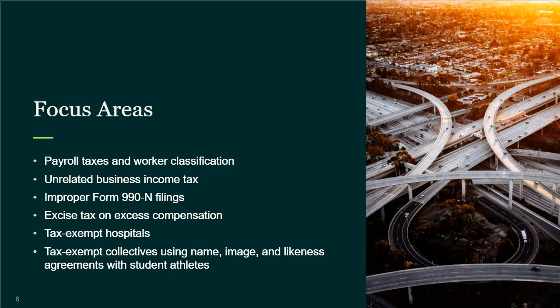Another focus is the excise tax on excess compensation. So we were blessed, as tax-exempt organizations, with this new tax that came about as part of the Tax Cuts and Jobs Act, whereby essentially, if someone is receiving remuneration in excess of $1 million, the employer, so the tax-exempt organization or applicable organization, is the one who pays 21% tax on that excess.